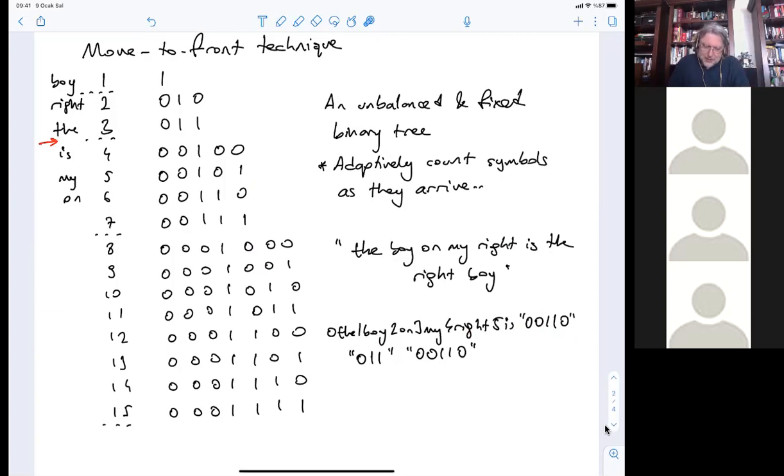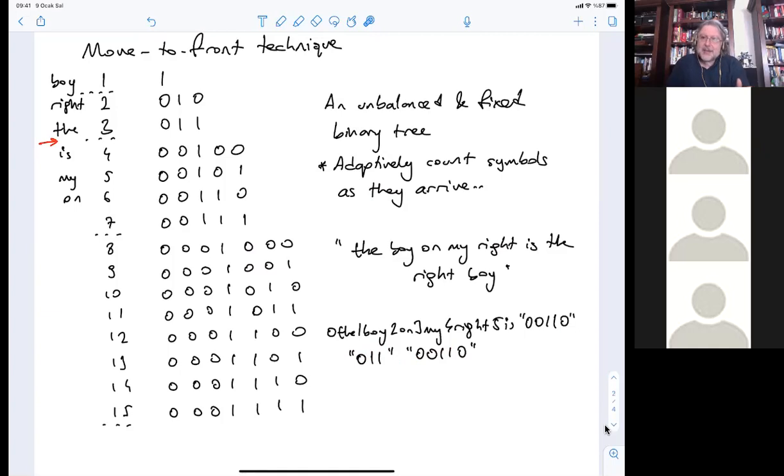And then over there, after the updates, in the updated list, this will correspond to right, and it will be updated again. In the new updated scheme, this will correspond to boy, and therefore it will be decoded, and this boy will be elevated to the top of the list, and the dictionary will be updated.